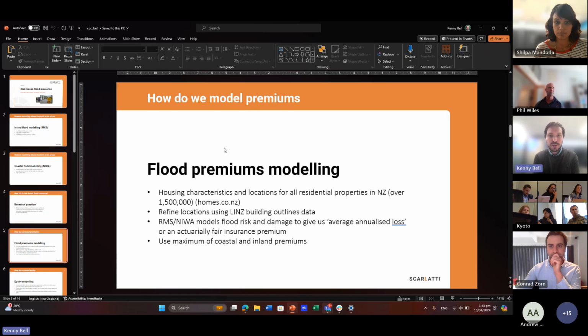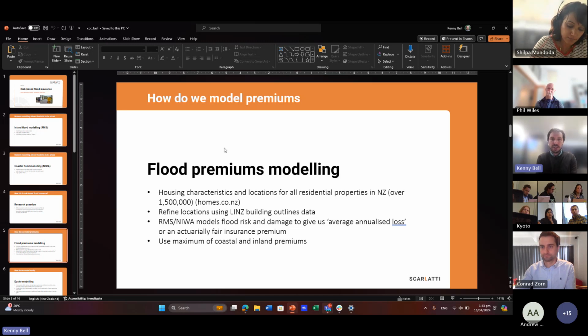RMS and NIWA have their own models of both flood risk and damage. We flick them the homes data set and they give us back a data set of average annualized loss, or one of these actuarially fair insurance premiums, which represents, roughly speaking, what you would need to charge a person to, on average, not make any money out of them nor lose any money out of them from the insurance perspective.